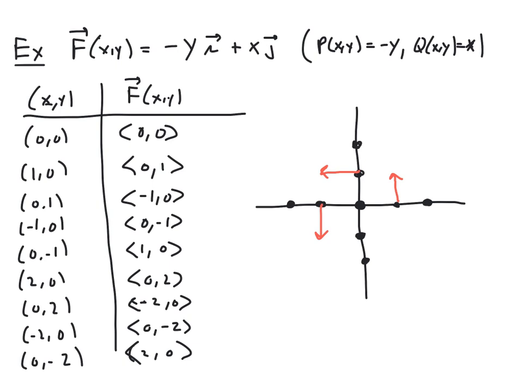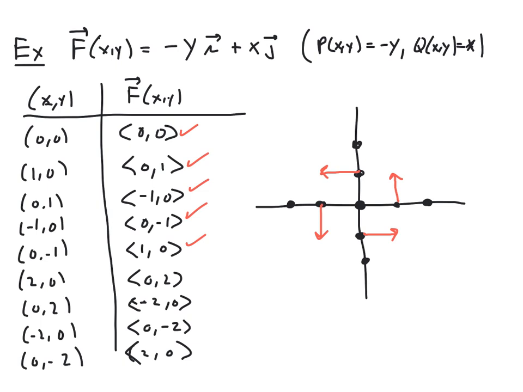And at the point 0, negative 1, we have the vector 1, 0, which points 1 unit to the right. And so we've now indicated the first 5 vectors on our list. Notice the 0 vector we don't really recognize as a vector because we can't draw it in any tangible way.